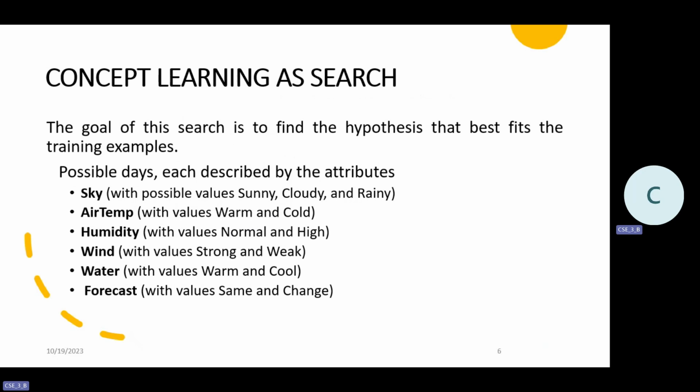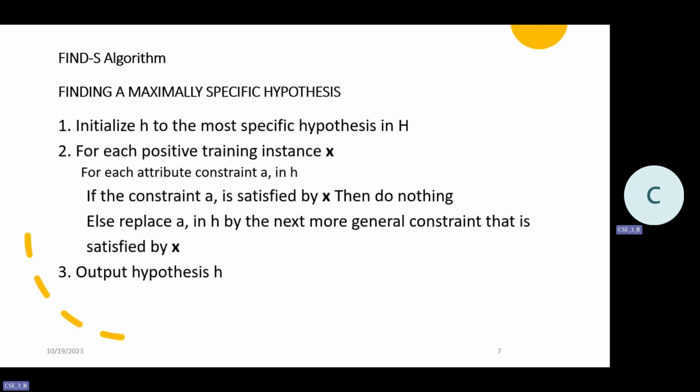Next, we realize concept learning as a search. The goal of this search is to find the hypothesis that best fits the training examples. This we have already discussed with the sample data set. Next, we are going to understand an algorithm, the Find-S algorithm.